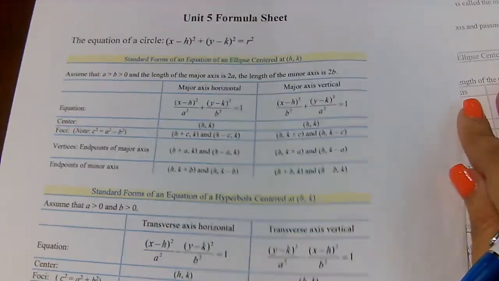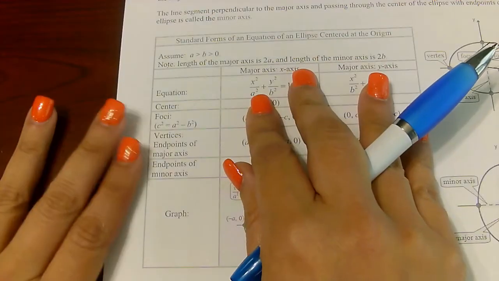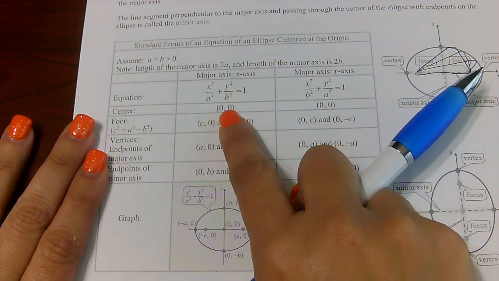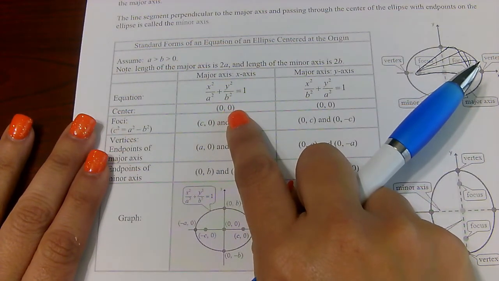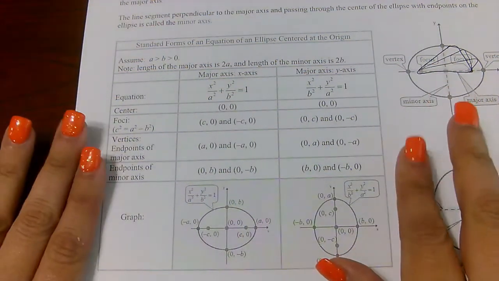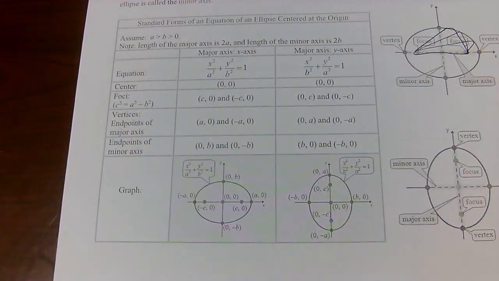The reason is that these equations are assumed to be at the origin. Remember, your center is going to be 0 for h and 0 for k, so they do not include those points in this formula. What I ended up doing was giving you the formulas as if it is not centered at the origin, but they will still work regardless.